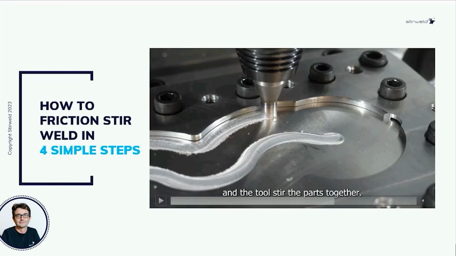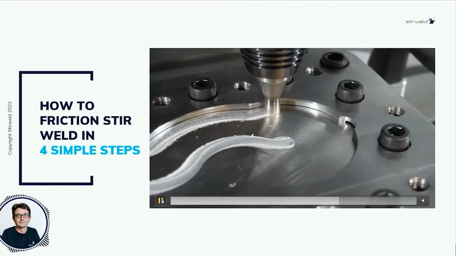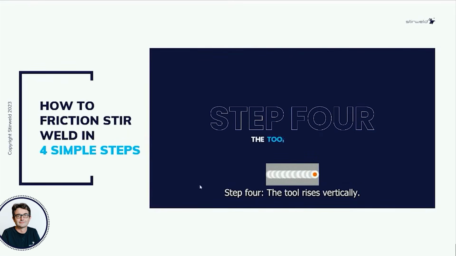The temperature under the tool is about 500 degrees C, while the melting temperature of aluminium is 600 degrees C. So basically, we use about 80% of the melting temperature of the part, but it's still solid. Friction Stir Welding is a solid state welding process. We never reach the liquid state.